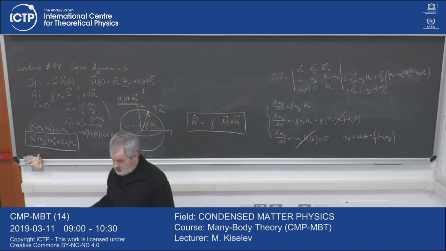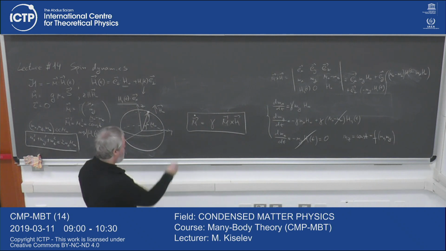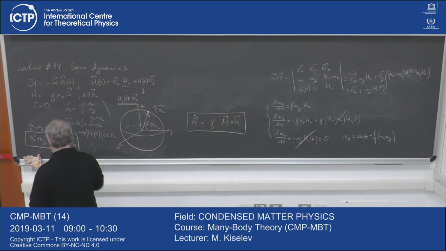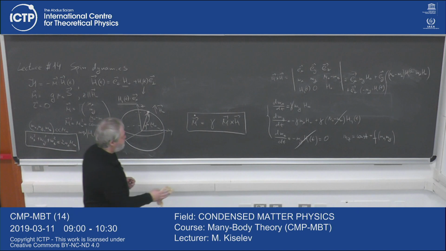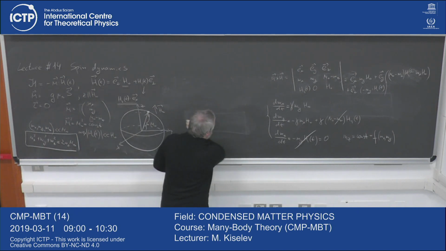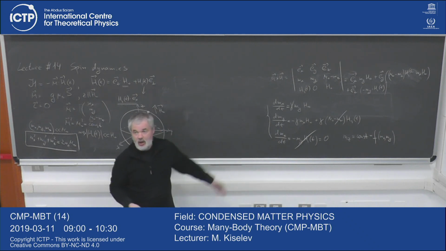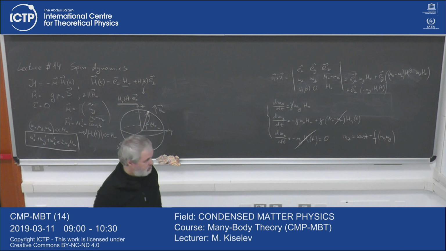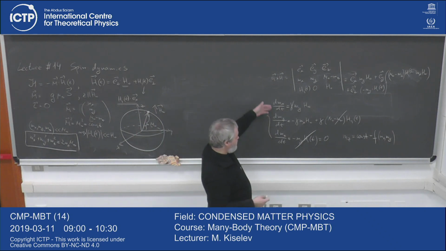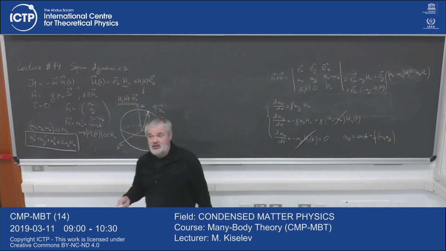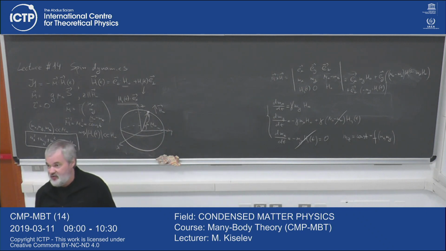What kind of trajectory? Let me look at the two remaining equations. What I want to do is eliminate my from this equation by differentiating it again with respect to time and plugging in dmy over dt. As a result, I will get a closed equation in terms of mx.